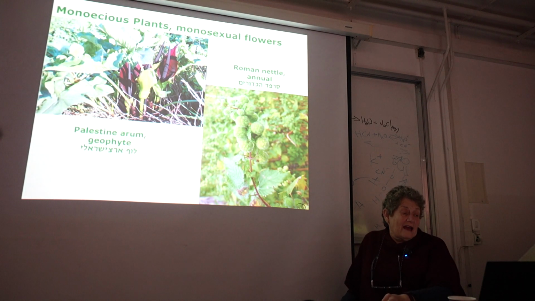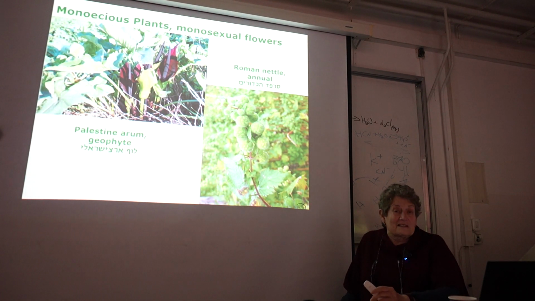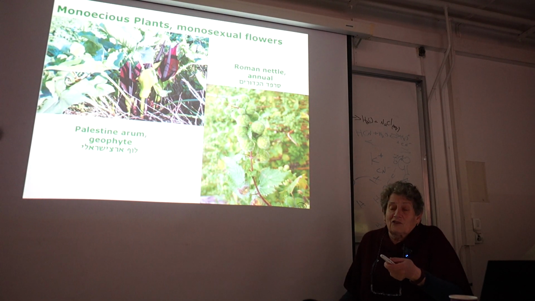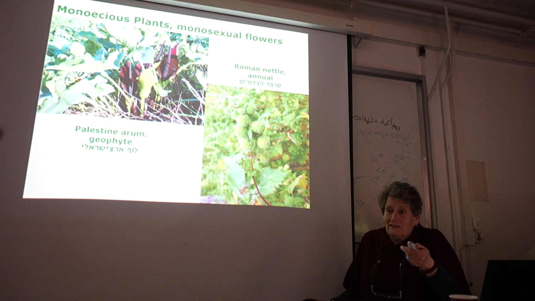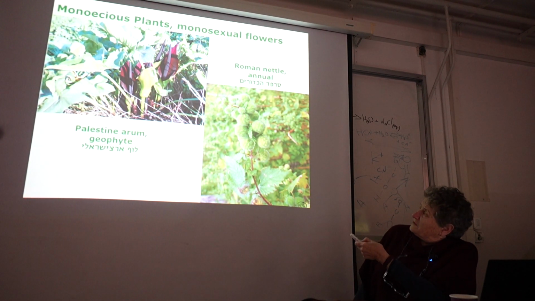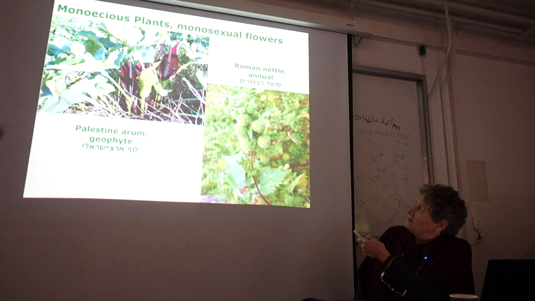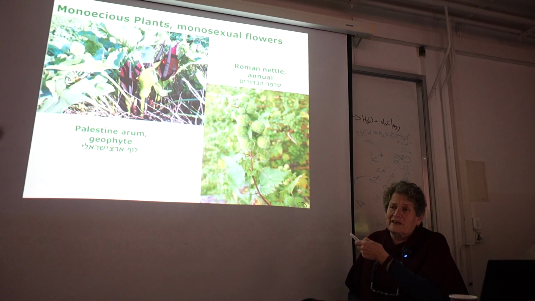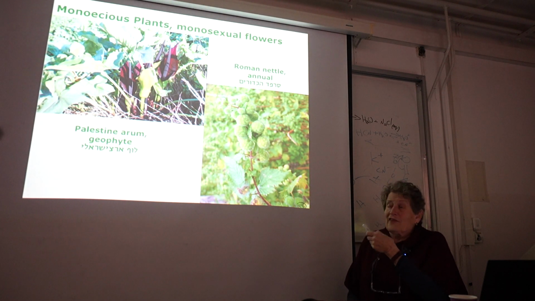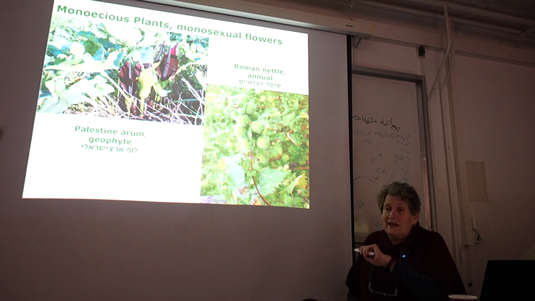Now, sometimes we have flowers that don't seem to be what they are. If any of you have seen this one, the Palestinian arum, it's flowering now, and what we have, and we'll see that in the next slide, on the same flower are male and female flowers.